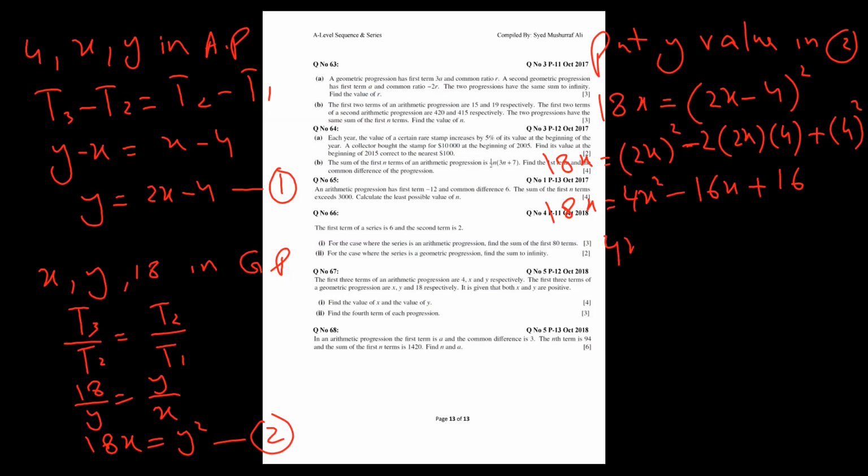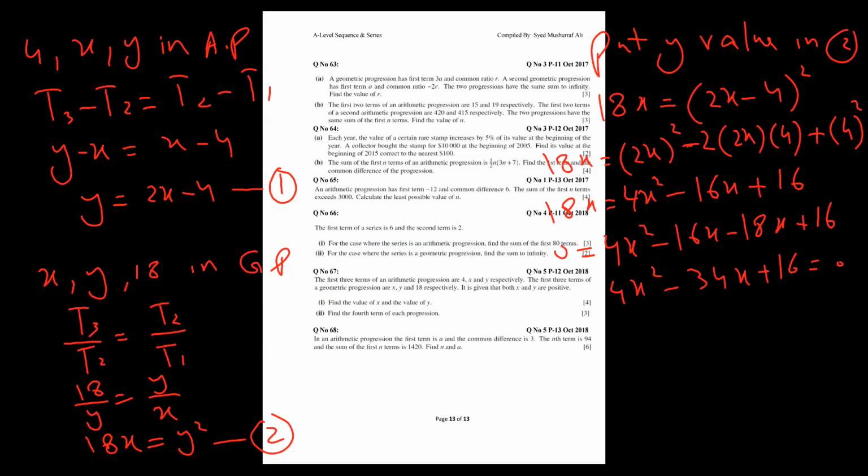Rearranging, 4x squared minus 16x minus 18x plus 16 equals 0, so finally minus 34x and plus 16 equals 0.